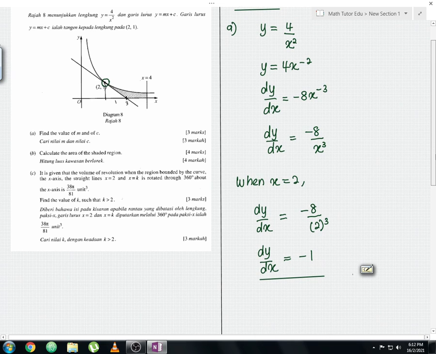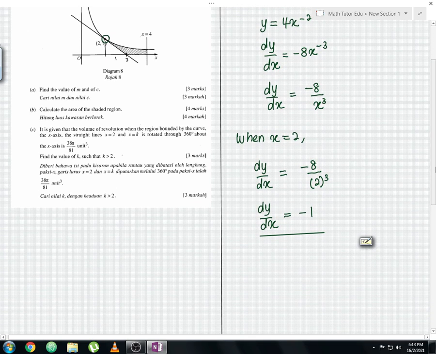Okay, so usually when you have a straight line, you need two pieces of information in order to form a straight line equation. One is the gradient and another one is a coordinate. We already have the gradient of the tangent, which in this case is negative 1, and we already have the coordinate, which is given by the question as 2, 1. So from here we can form the straight line equation. y is equal to mx plus c.